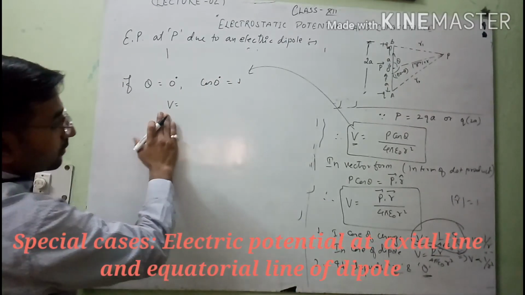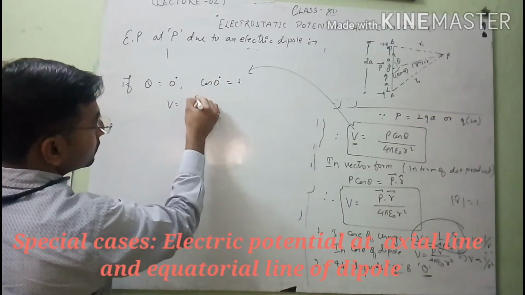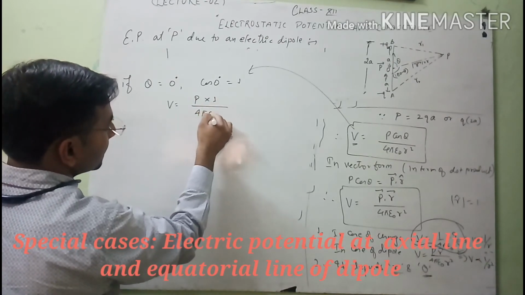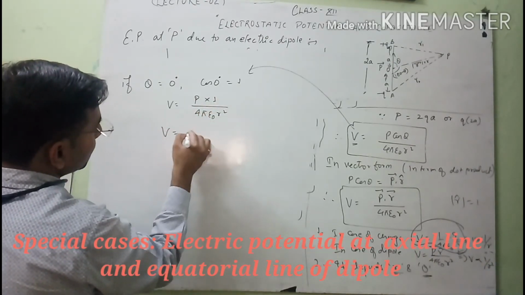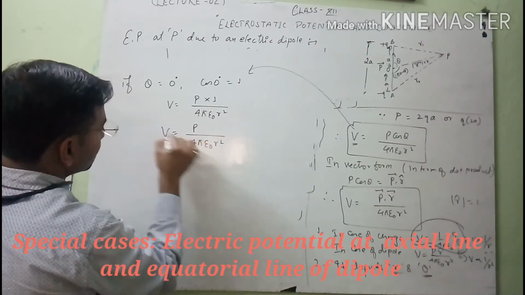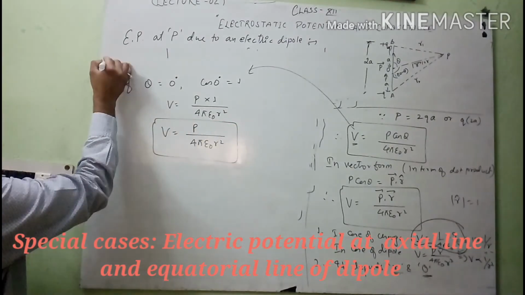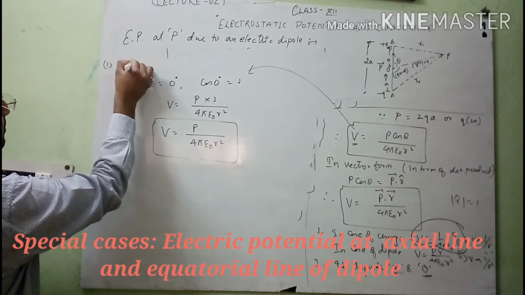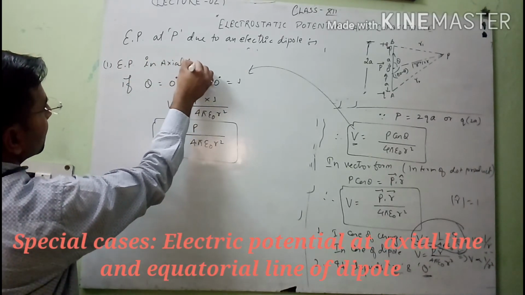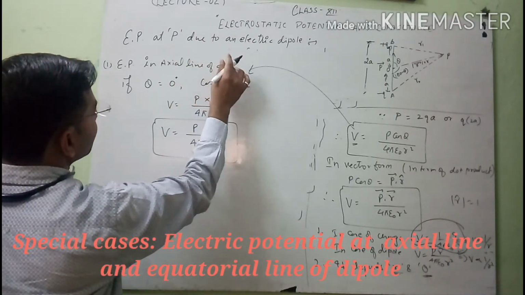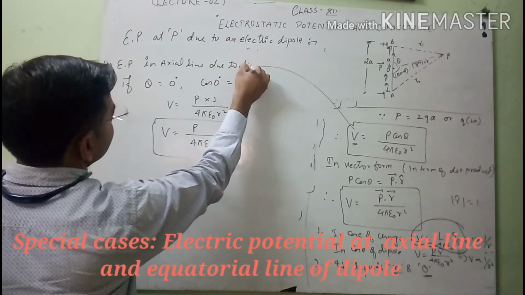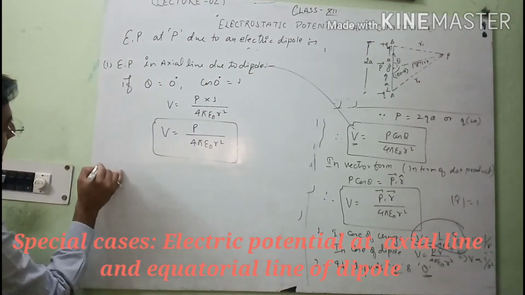So we can say that V is equal to P into 1, because cos 0 is equal to 1, over 4 pi epsilon naught of R square. So this is your electrostatic potential on the axial line, due to a dipole. Clear, student?